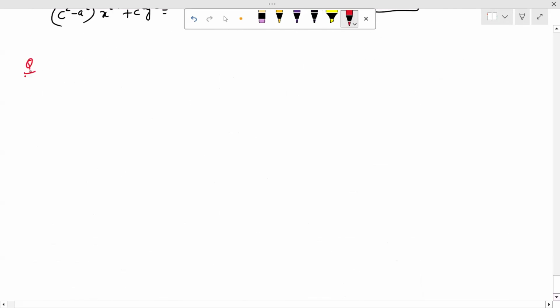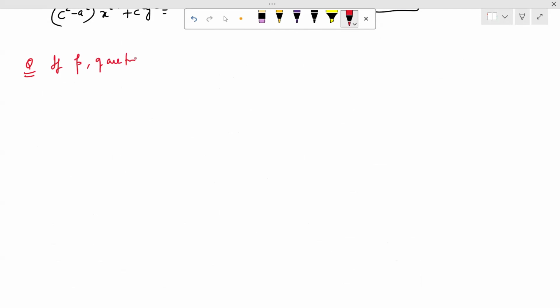So the question that I'm leaving you with is, and in fact, I'm going to write the answers also, if P and Q are two distinct points in C, then what does this set represent? Just think about it.